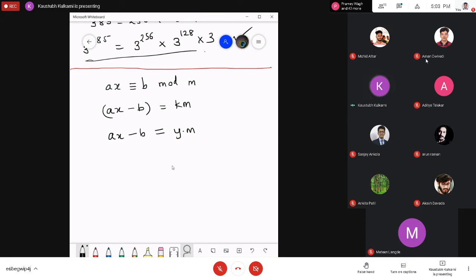Y is just an integer. Okay. So now I take this ym to the LHS, and I can write it as ax minus my is equal to b. Ax minus my equal to b. Simple steps. Okay.